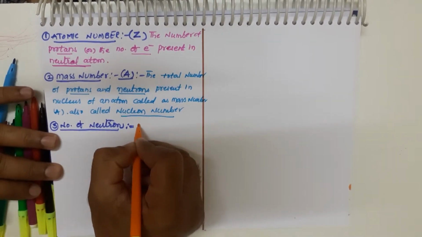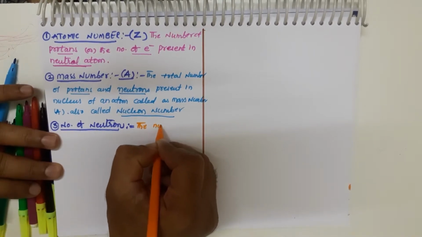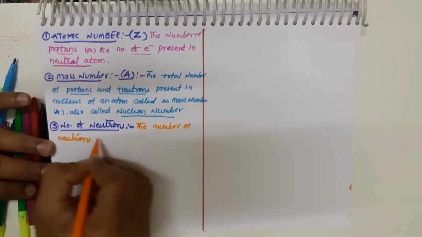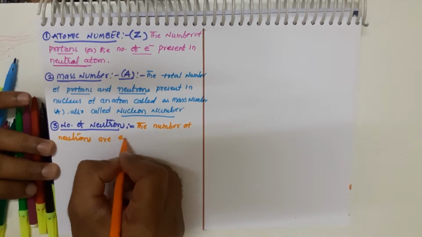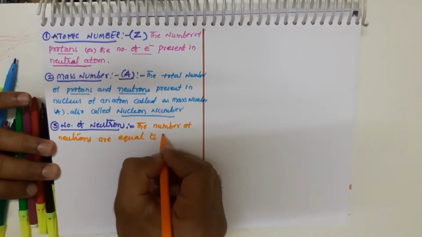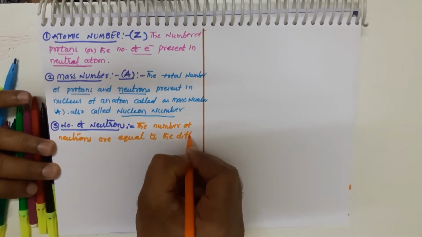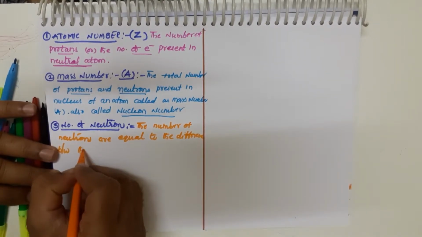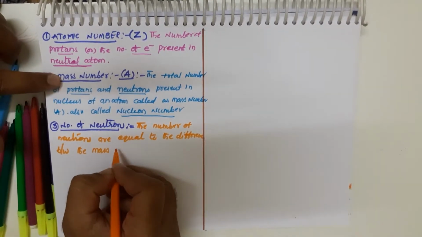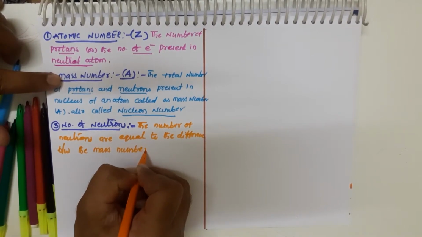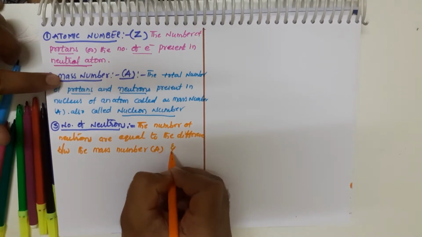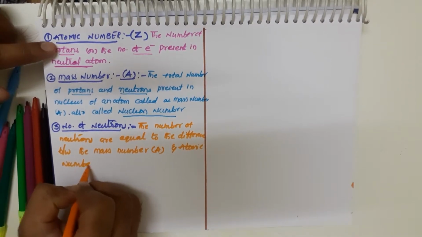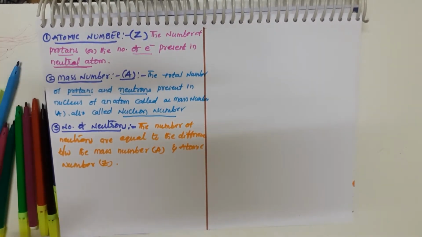The number of neutrons is equal to the difference between the mass number, that is A, and the atomic number, that is Z, called the neutron number.